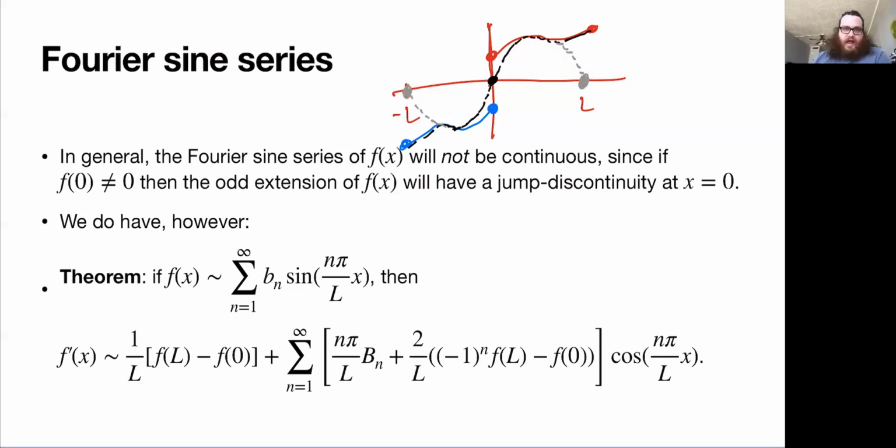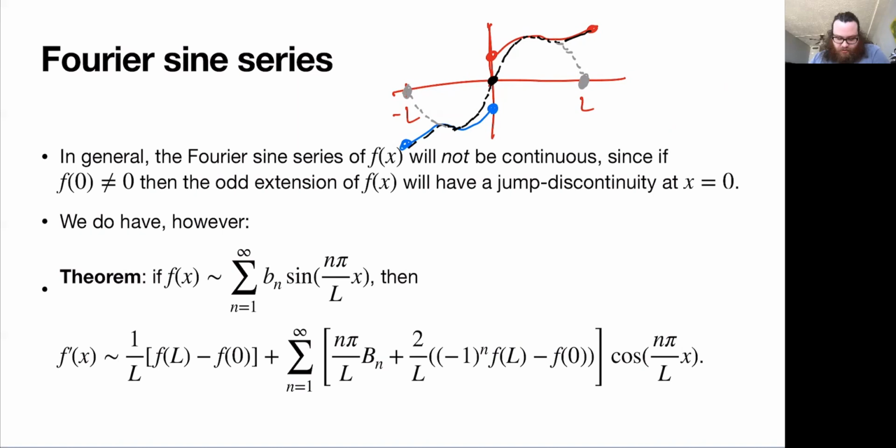And so in this case, we can differentiate term by term. Right, but in general, the function that you might be interested in won't be 0 at the endpoints, and so then the Fourier sine series won't be continuous. So you can't differentiate term by term.